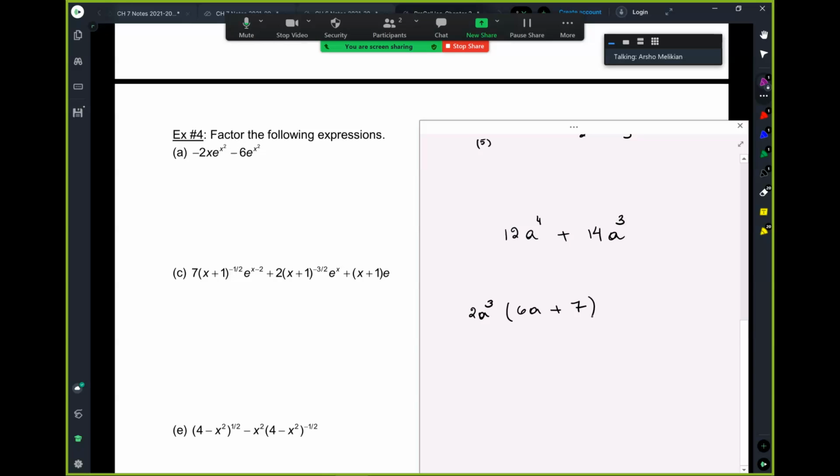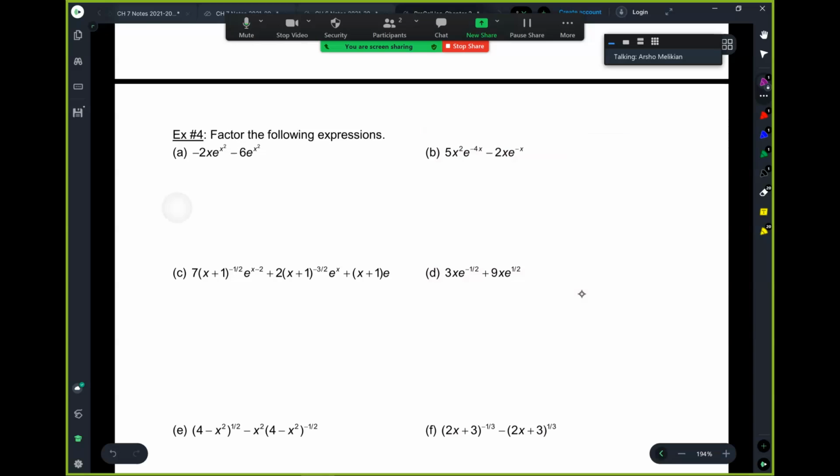But what does your brain do in the background for you to get that? You divide, right? You divide by 2a cubed. That's how you do that. And if we think about it further, when you do divide, what do you do with these exponents? You subtract them, right? That's how you get what you get, right?